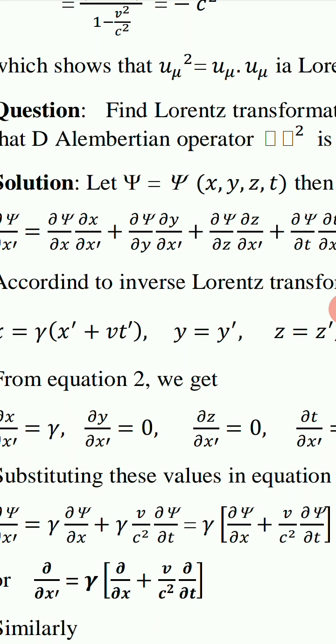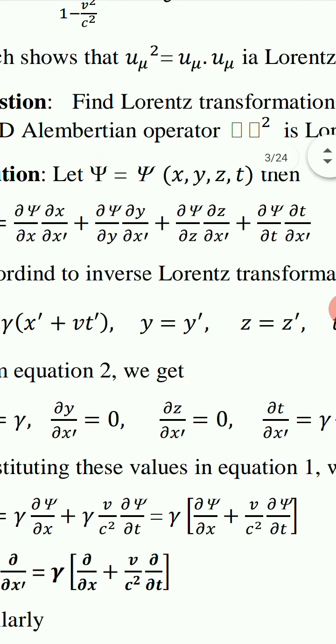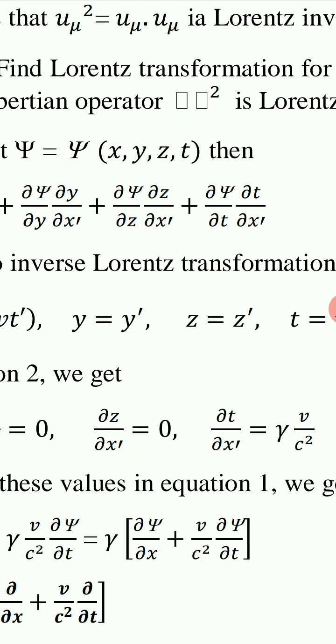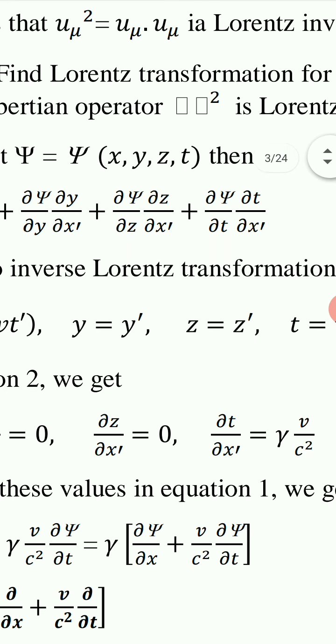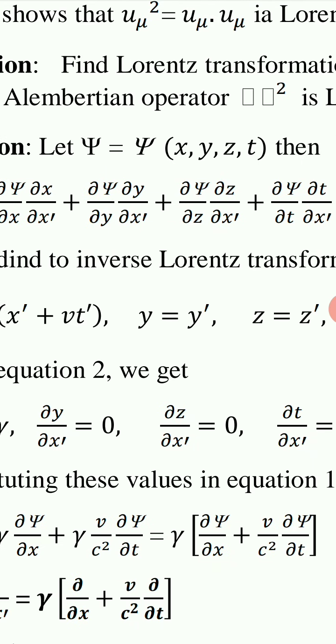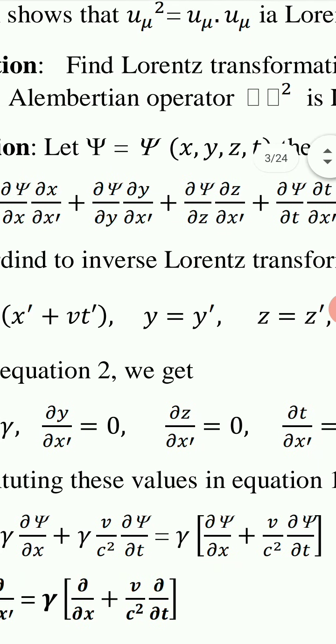Now we have to find the value of delta x upon delta x dash, delta y upon delta x dash, delta z upon delta x dash, and delta t upon delta x dash. These are differentiations of x, y, z and t with respect to x dash.